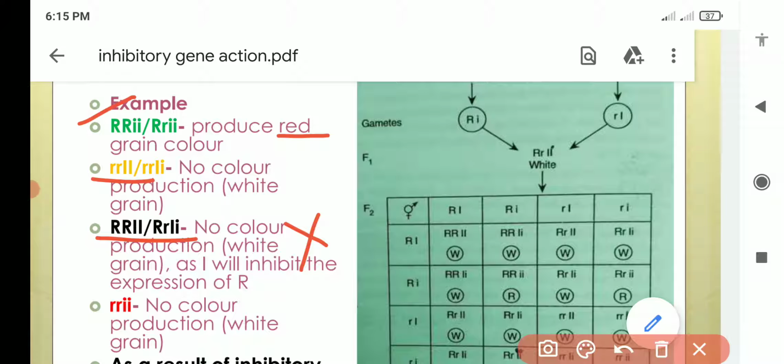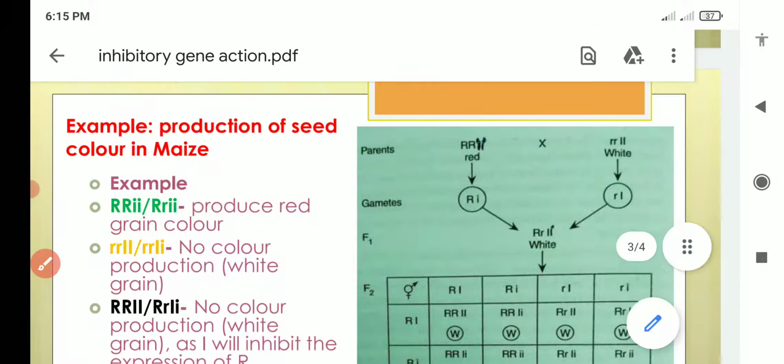When capital I is there with small r, no color production is there because capital I does not produce any phenotype. And when both recessive alleles of both genes are present together, it is also not going to produce any color. So we will see this in the example.